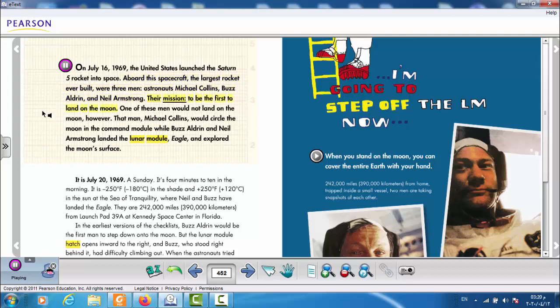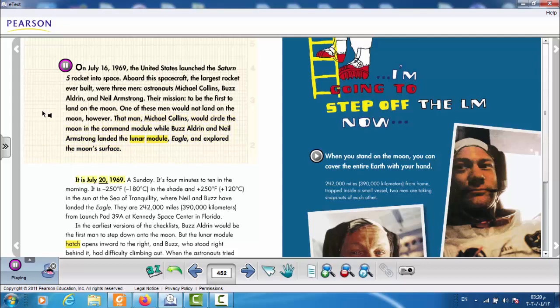Their mission? To be the first to land on the moon. One of these men would not land on the moon, however. That man, Michael Collins, would circle the moon in the command module, while Buzz Aldrin and Neil Armstrong landed the lunar module Eagle and explored the moon's surface.